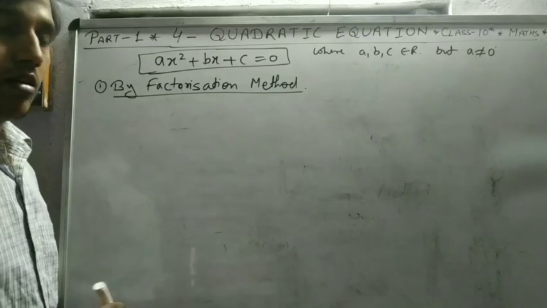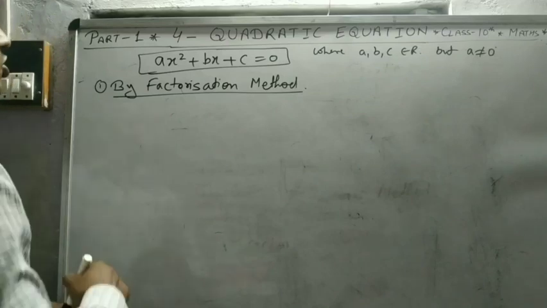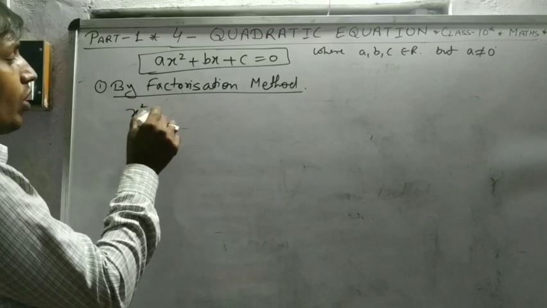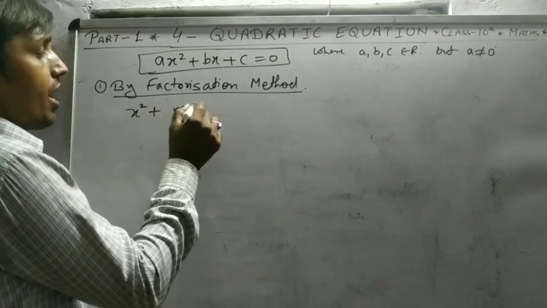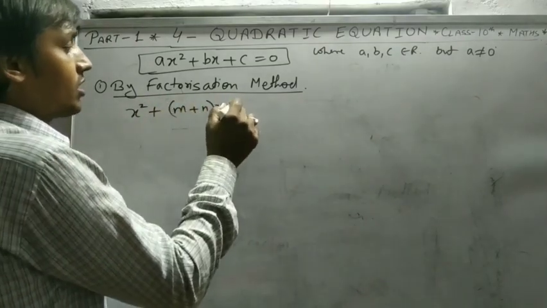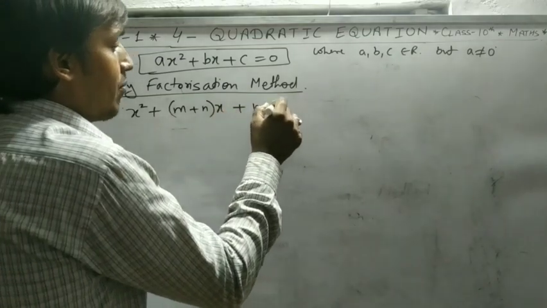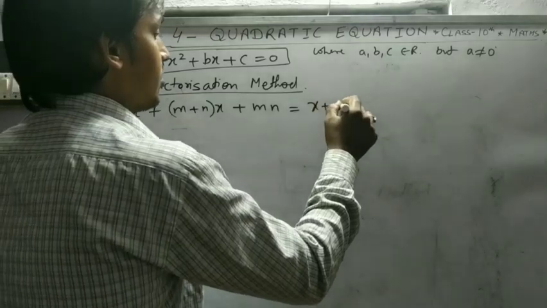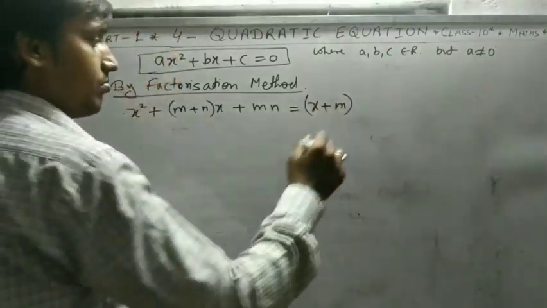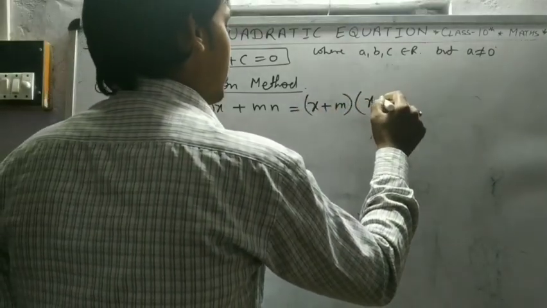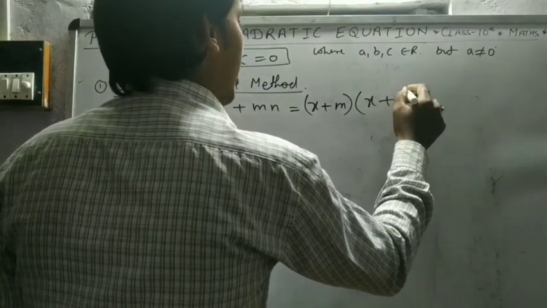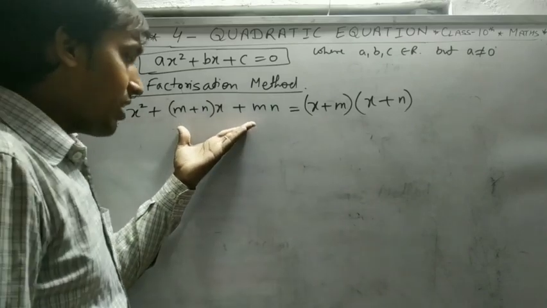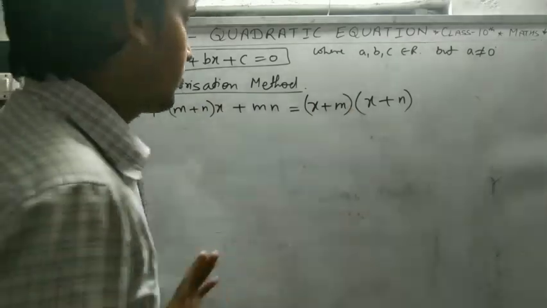So the first method is factorization. You know the formula: x square plus (m plus n)x plus mn is equal to (x plus m)(x plus n). It means we have to factorize them. How do we get this?